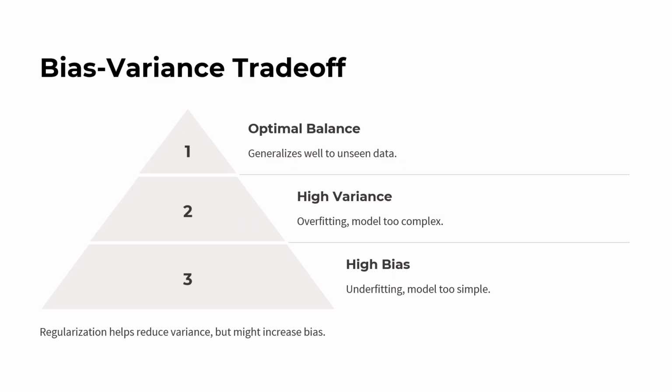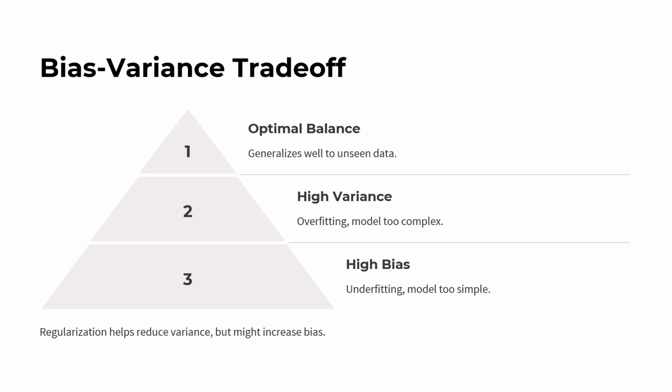Next, we will see the bias variance trade-off. Let's look at this triangle. At the top, we see the optimal balance. This is when the model generalizes well to new data. It's neither too simple nor too complex. This is the ideal situation. In the middle, we see high variance.